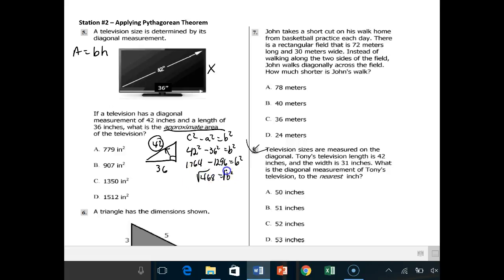Taking the square root gives you your answer of b is equal to 21.6. So that's about your height, but that's not your answer, right? The approximate area would be the base, 36, times about 22. When you do that, you should get around 779.